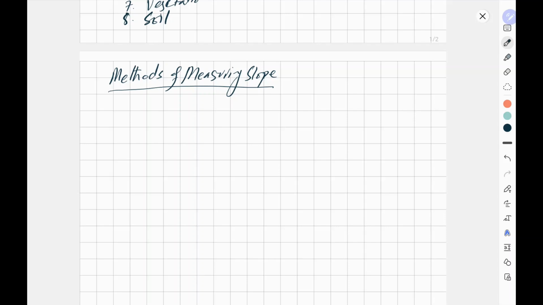And in these methods we use a window. I will explain that later, but let me first talk about method of calculation.